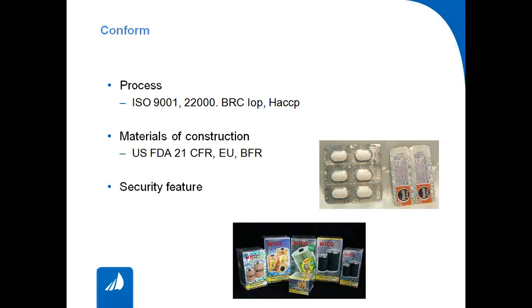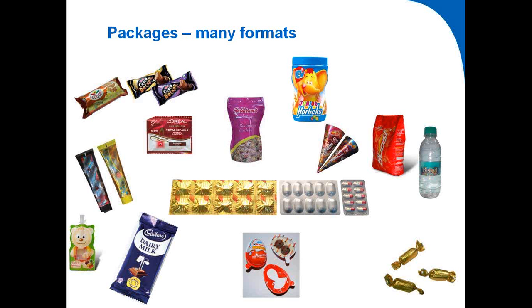So considering all these basic needs, packages come in many formats to comply with those needs, whether it is looks, whether it is dispensing, whether it is carrying strength, everything. Of course, considering the economics of the whole thing.